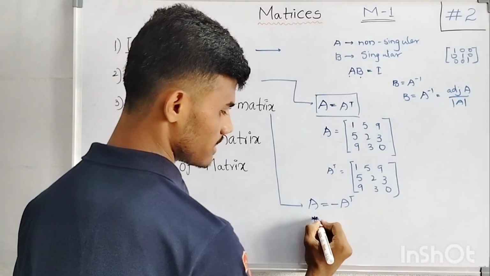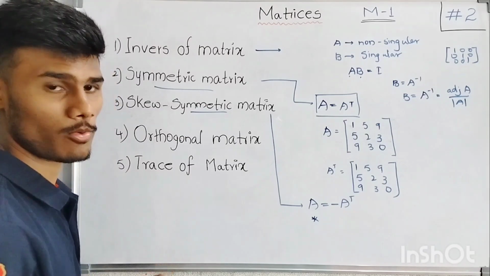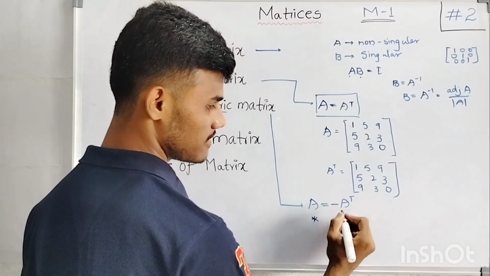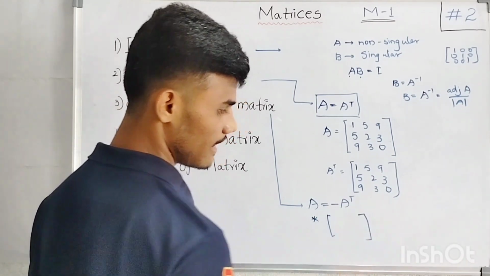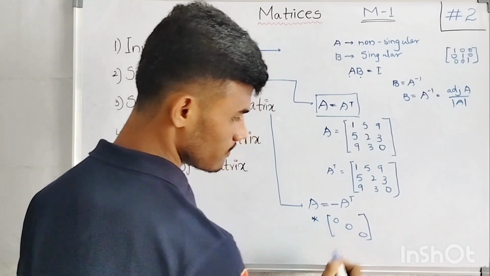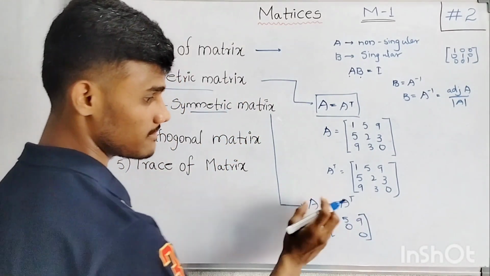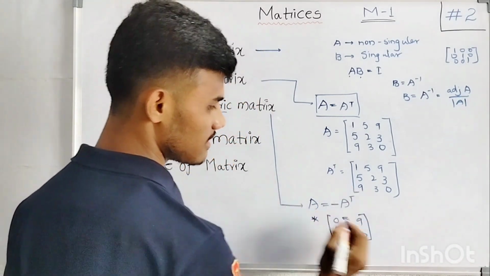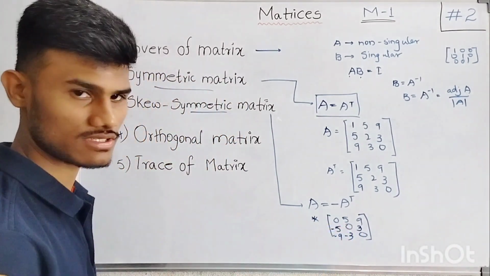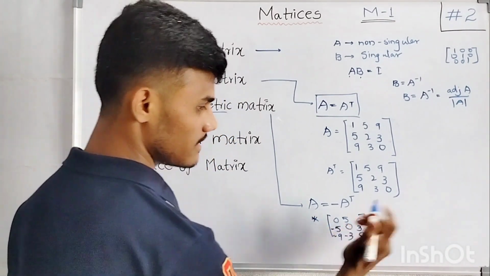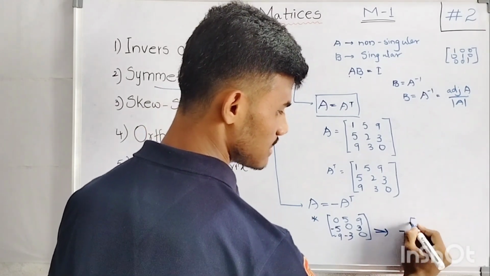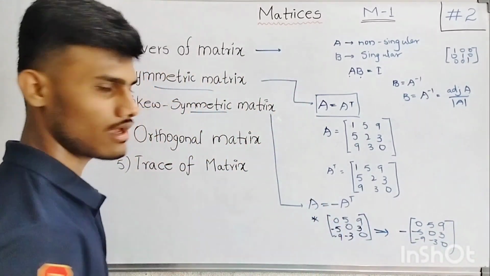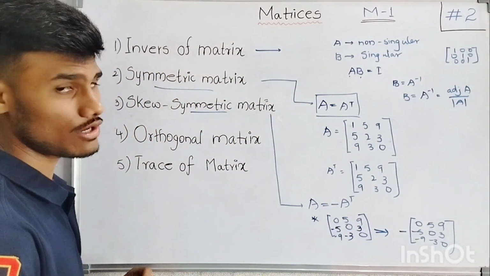The point to be noted in this condition is that all diagonal elements of matrix A must be equal to 0. Only when the diagonal elements are equal to 0 is this condition satisfied. All diagonal elements are equal to 0. When a matrix is of this type, after finding its transpose and taking the minus common, we get the same matrix A again. See, this type of matrix is called skew symmetric matrix.